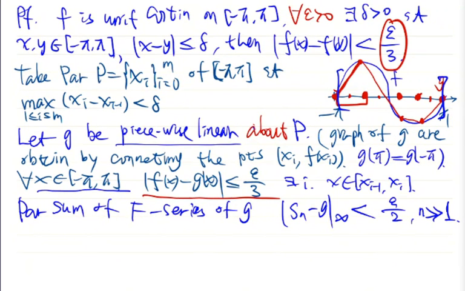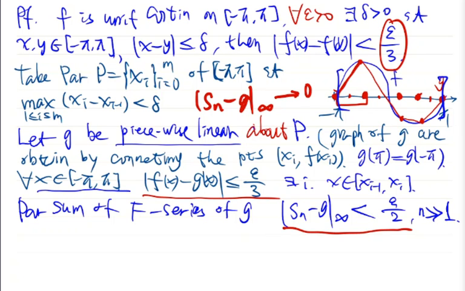That is, the partial sum converges to g uniformly. As I explained when I introduced the infinity norm, this is equivalent to the infinity norm of the difference between the partial sum S_n and g going to 0. So when n is large enough, it will not be greater than half of epsilon.